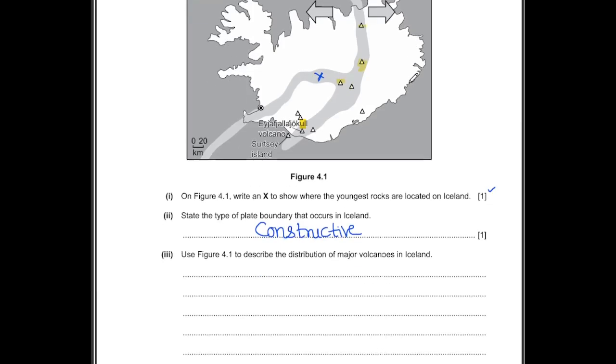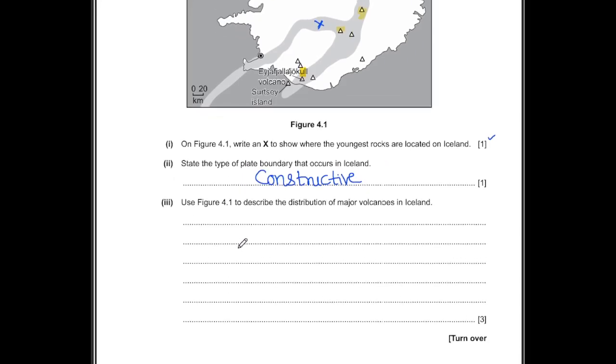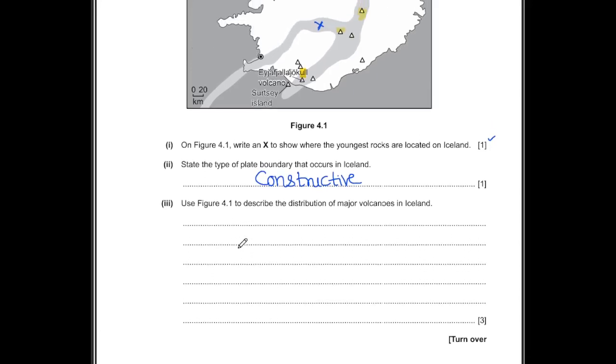The next question: use Figure 4.1 to describe the distribution of major volcanoes in Iceland. When we want to describe distribution, always use the figure to mention your answer. This is 3 marks.